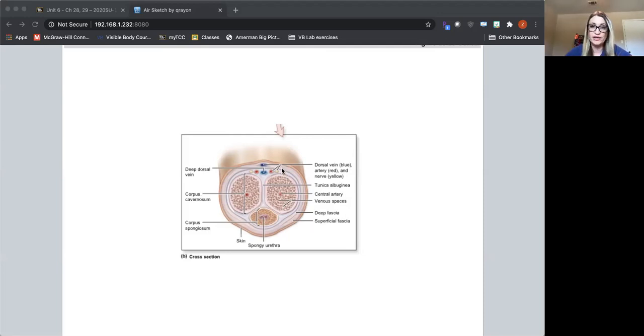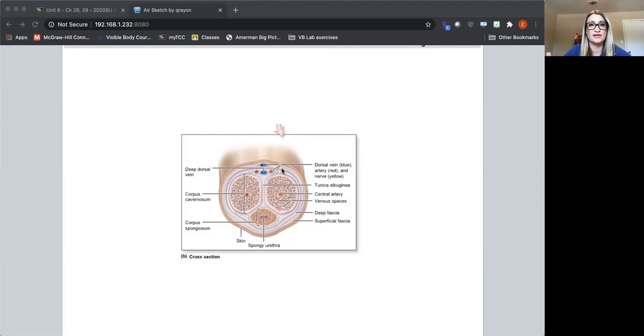As the blood fills these spaces, the erectile body gets filled with blood, and as it fills with blood, it becomes more and more rigid. As it becomes more and more rigid, it constricts the veins that normally take the blood away from the area. And so the more blood that comes in, the more the veins are constricted and the blood cannot leave.